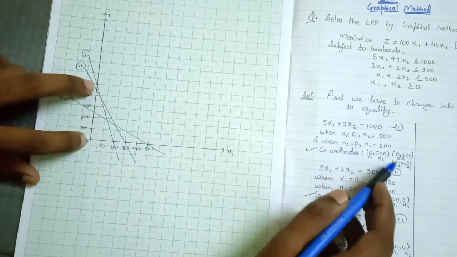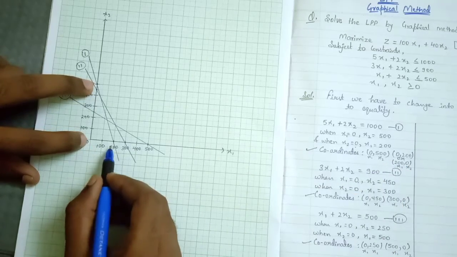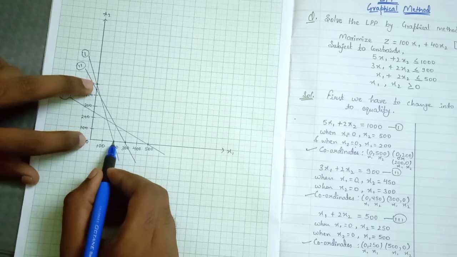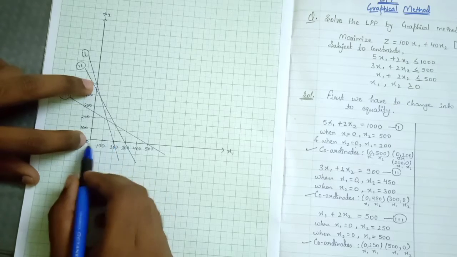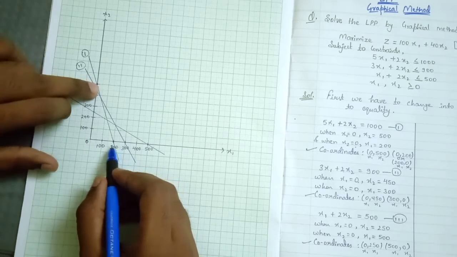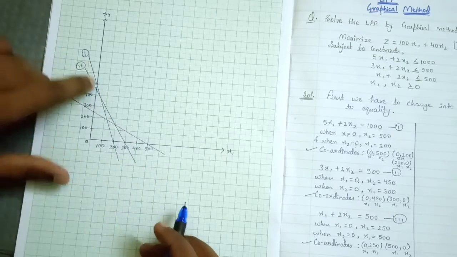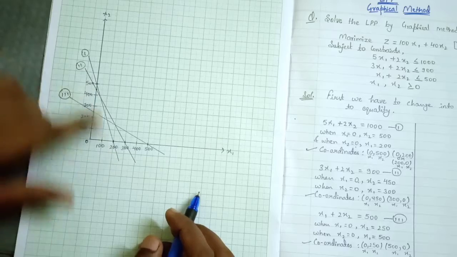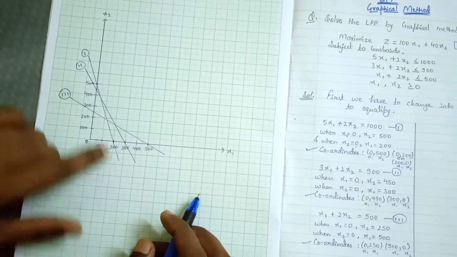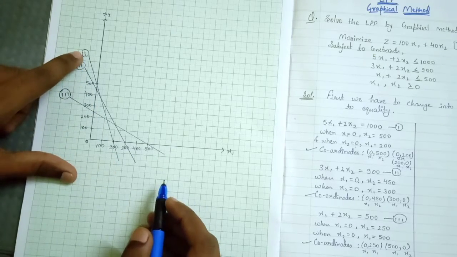Then the second point, (200, 0), where 200 is x1 and x2 is 0. We will join these 2 points and we will get a line, that is the first equation line.